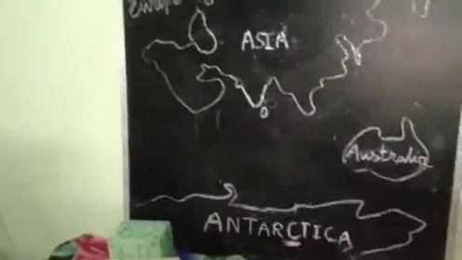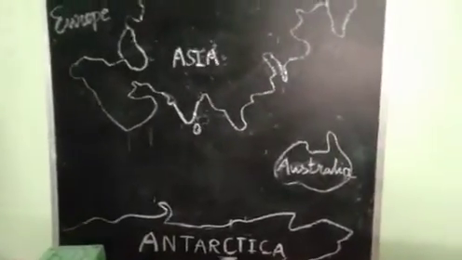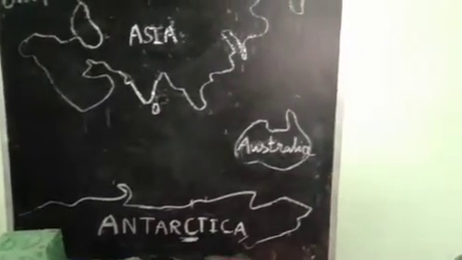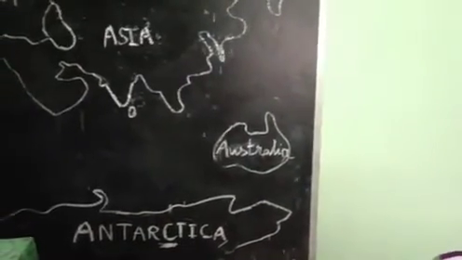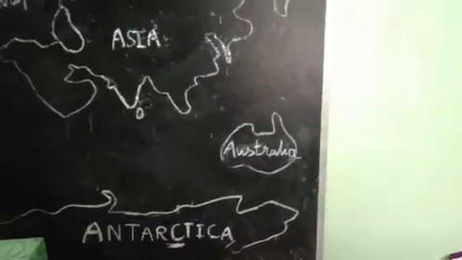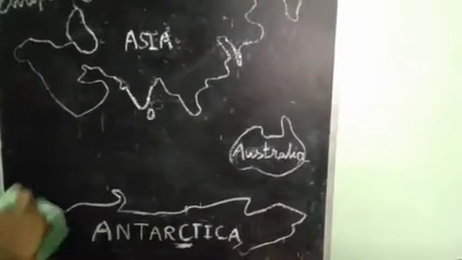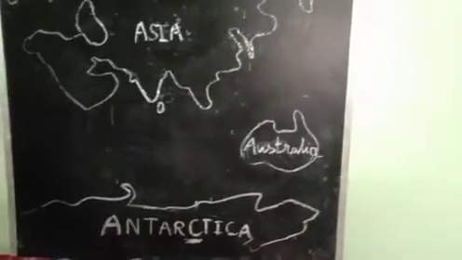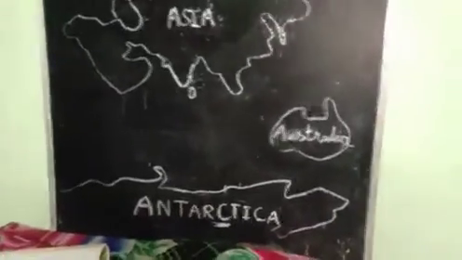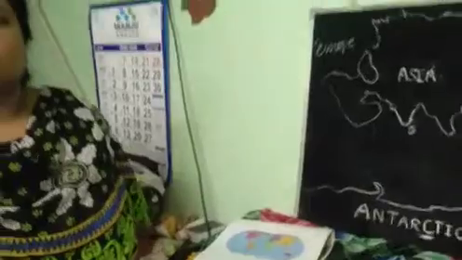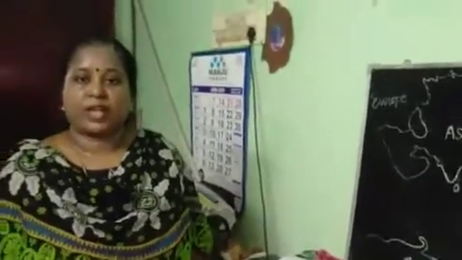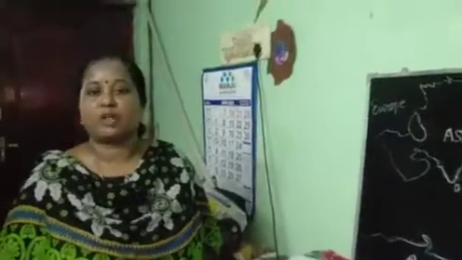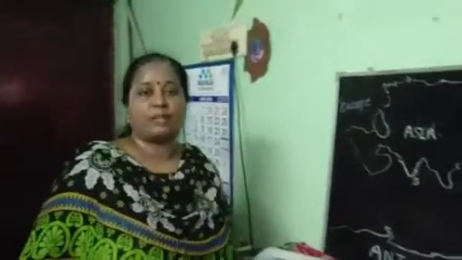Shall I rub this, children? Wrote? Finished? Marked all the 7 continents on the map. This will be the homework for you. You can test yourself by writing. Take a world outline map and see whether you can mark all the 7 continents on that map.